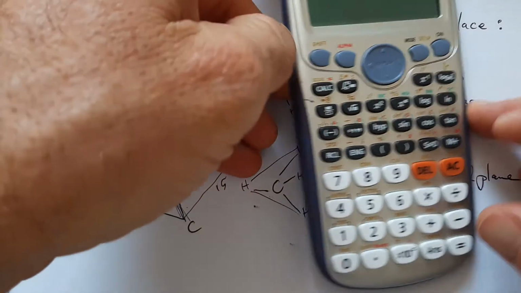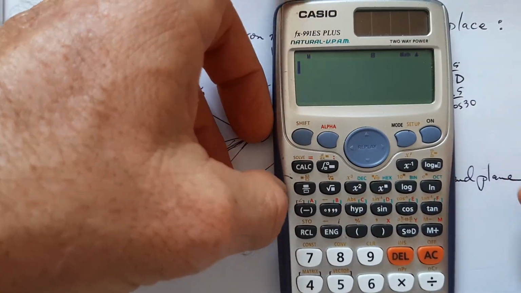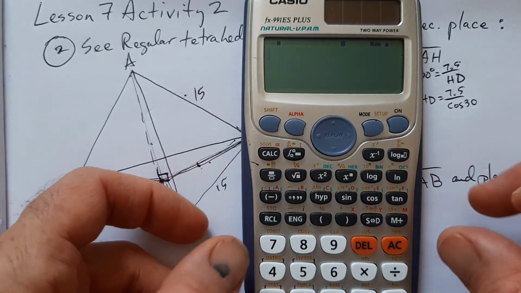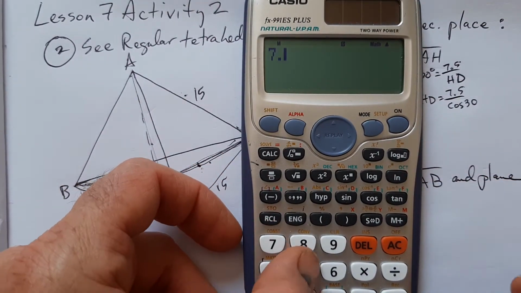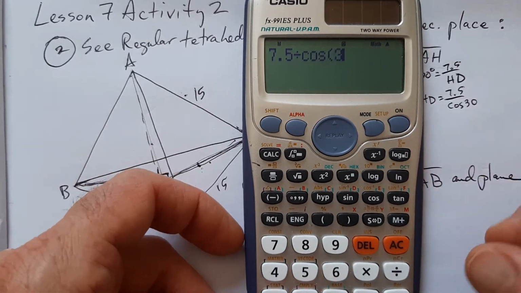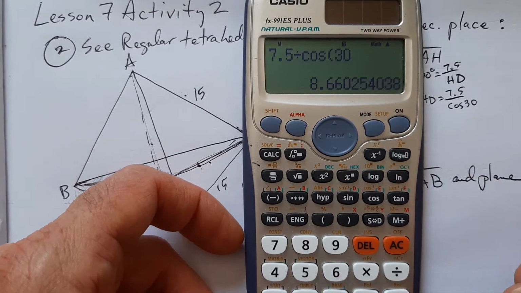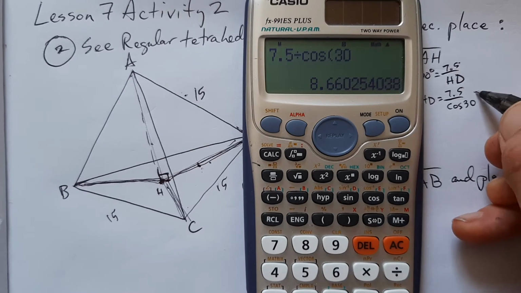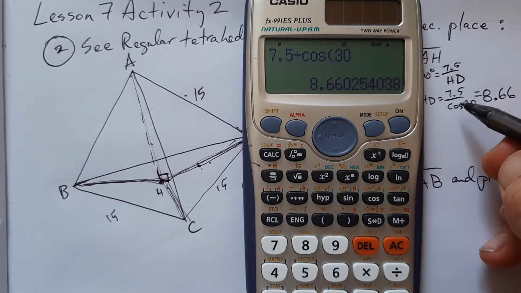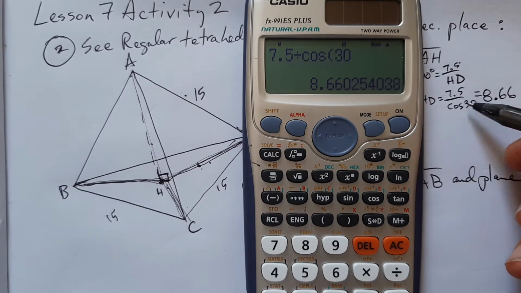But let's go ahead and use the calculator here. 7.5 divided by cosine 30, 8.66. I like that number, 8.66. If you break this down into fractions, I think you'll see why, because it's the square root of 3 over 2.